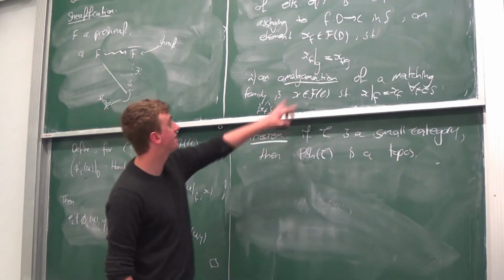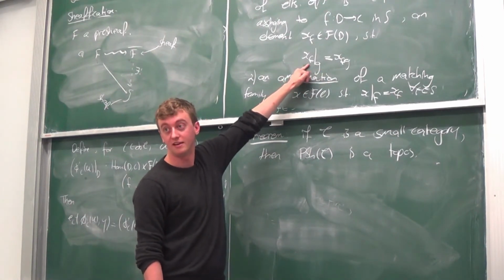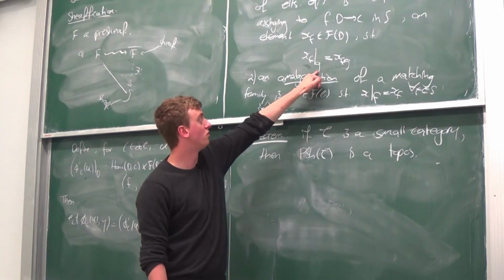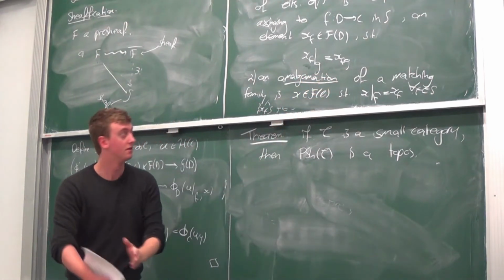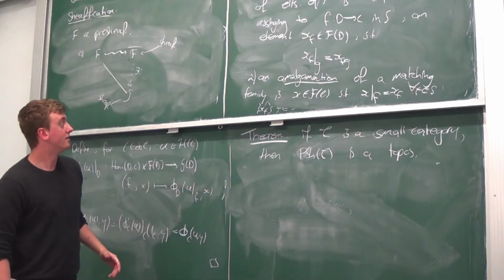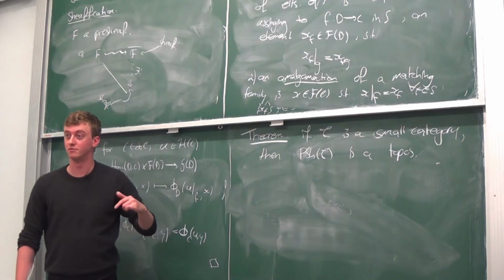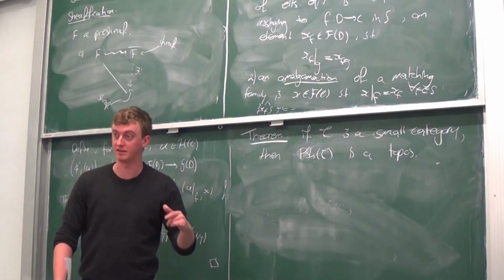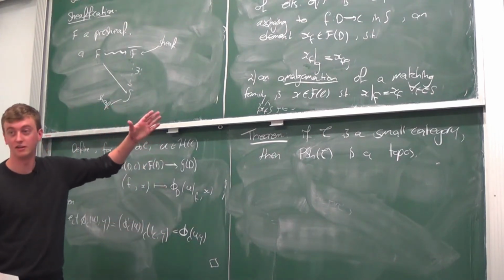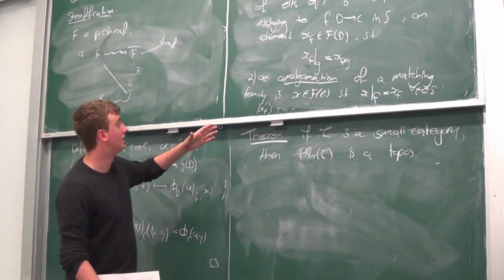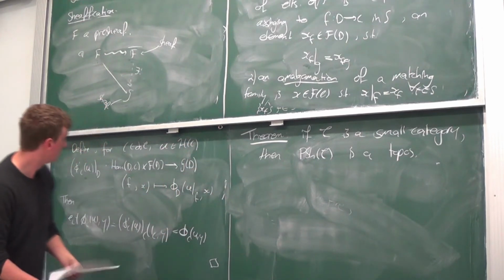Because of course this requirement, that the section over that particular open set restricted to a smaller one is the same as the one off that smaller one, means that they agree on intersections. Then an amalgamation for a matching family is a way to find a global section from which all of these local sections appear as the restriction. So this is how we see the sheaf condition appearing from a topological space.